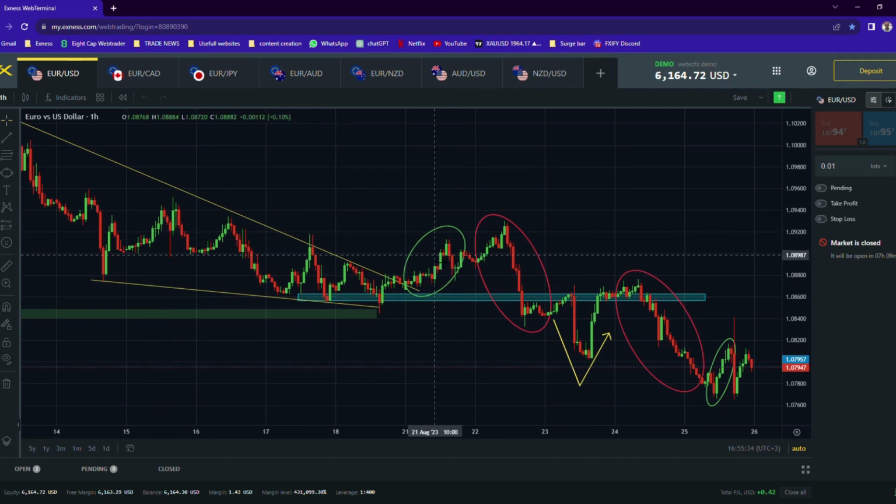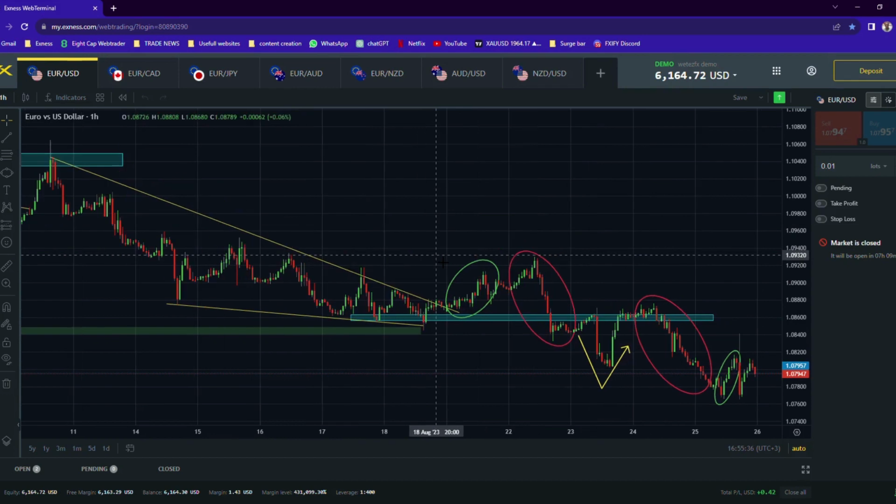If you look properly here, we're looking at euro USD from 11th to 18th. We are seeing a downward trend, which is forming a falling wedge market structure. The price is decreasing in momentum, and the lows are increasing.